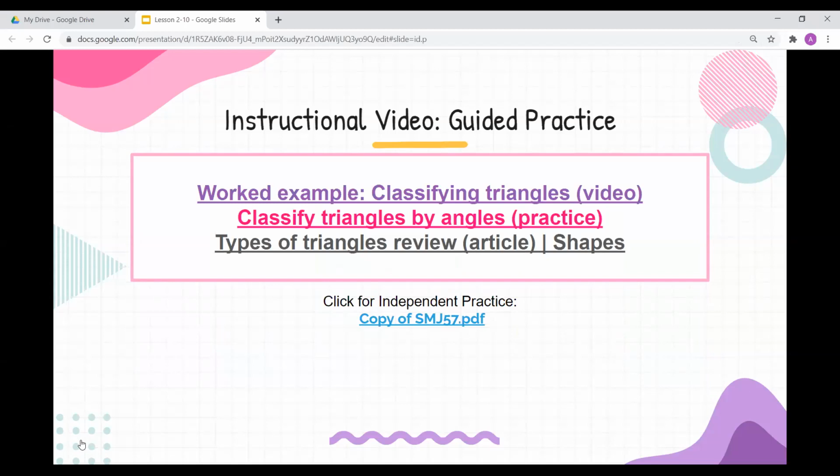On this slide, you'll be able to use this practice to have worked examples and to help you classify triangles with some practice. There's also an article that you can look up or use to help you with this practice. Now you'll pause the video, go into your slides, open up these works, and then continue the rest of your lesson with your teacher.